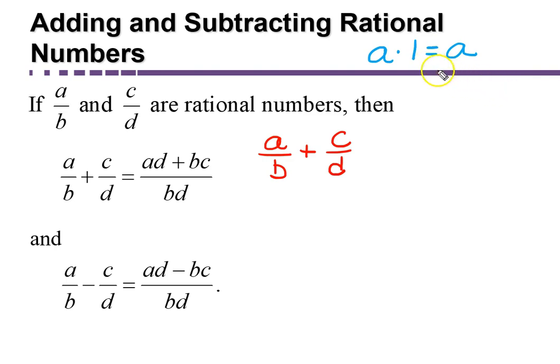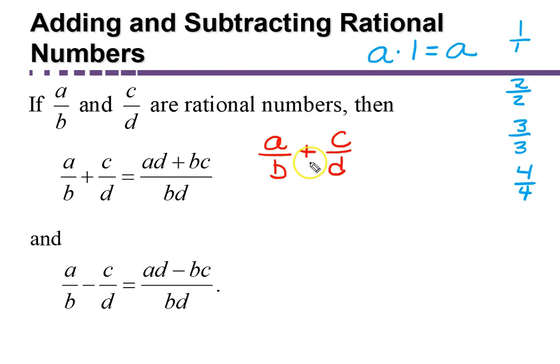A form of 1 is 1 over 1, 2 over 2, 3 over 3, 4 over 4, and you could keep going on and on and on. These are all 1s. Anything divided by itself, so long as it's not a 0, is 1.